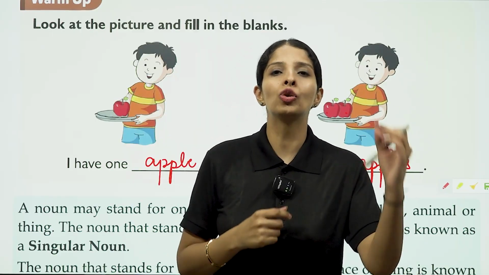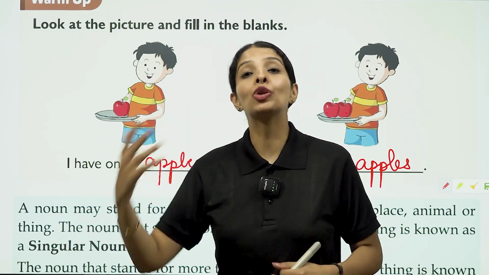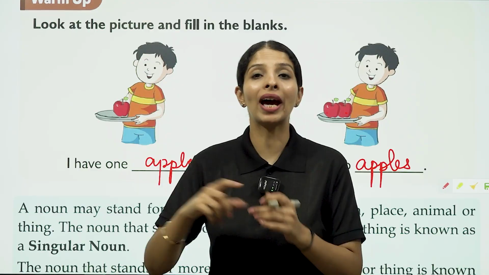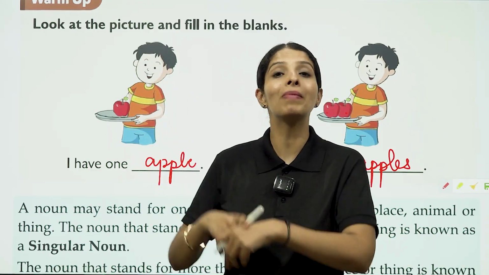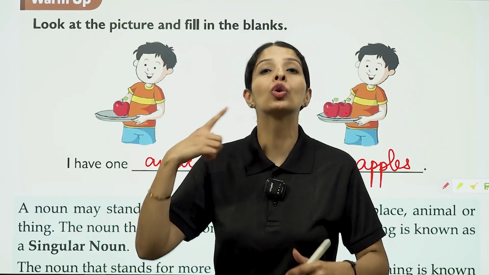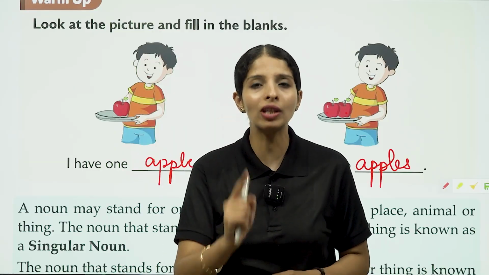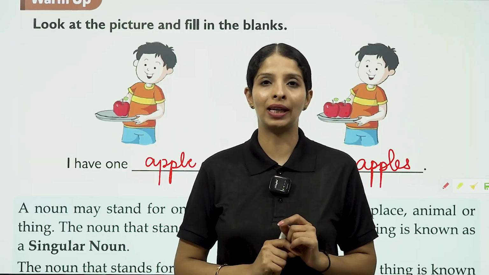Now, this rose is red. On the other hand, the roses are red. When I talk about many roses, many flowers, then its spelling changes. It is plural, roses. When I talk about a single rose, one rose, then it is rose only.